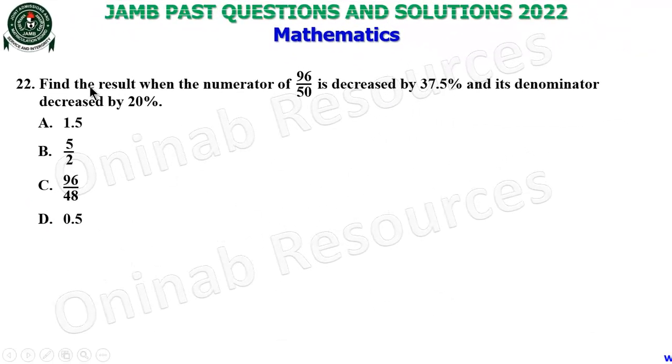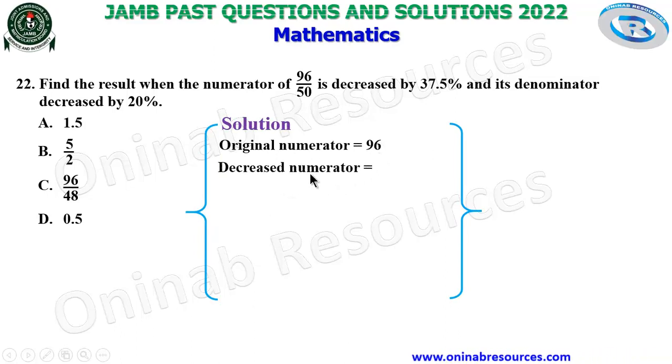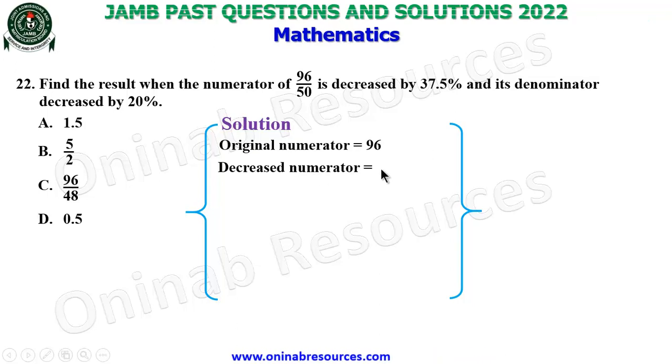For problem 22, find the result when the numerator of 96 over 50 is decreased by 37.5% and its denominator decreased by 20%. So in our solution, we look at the original numerator, which is 96, then the decreased numerator now. Since this is 100%, the numerator will be taken as 100.